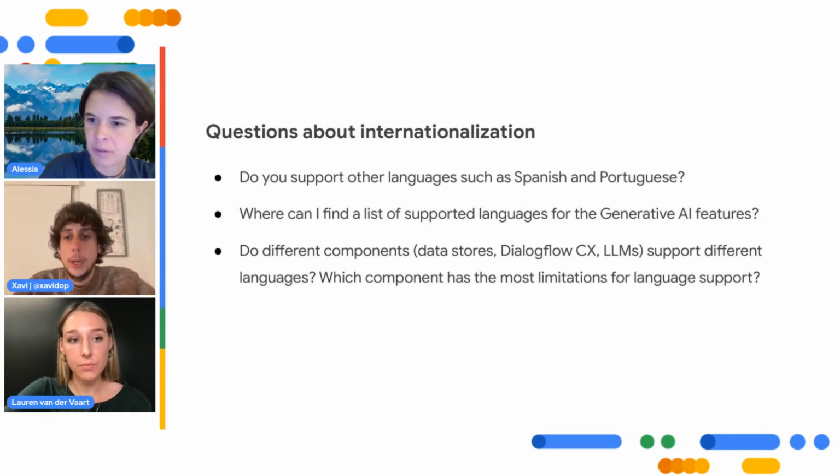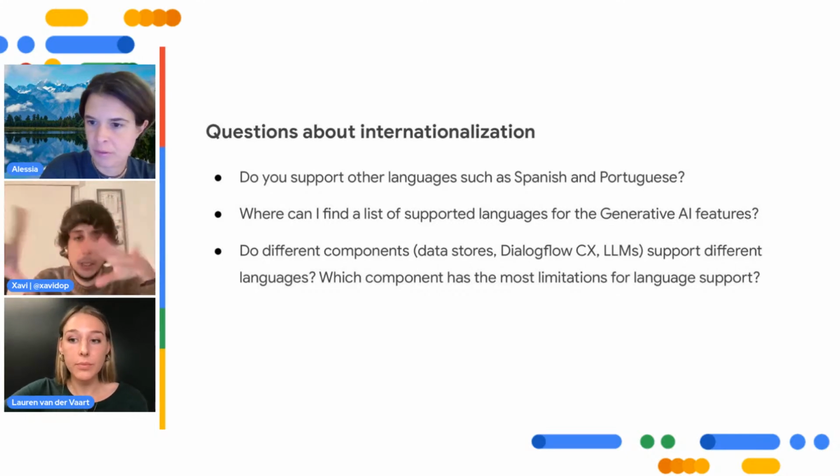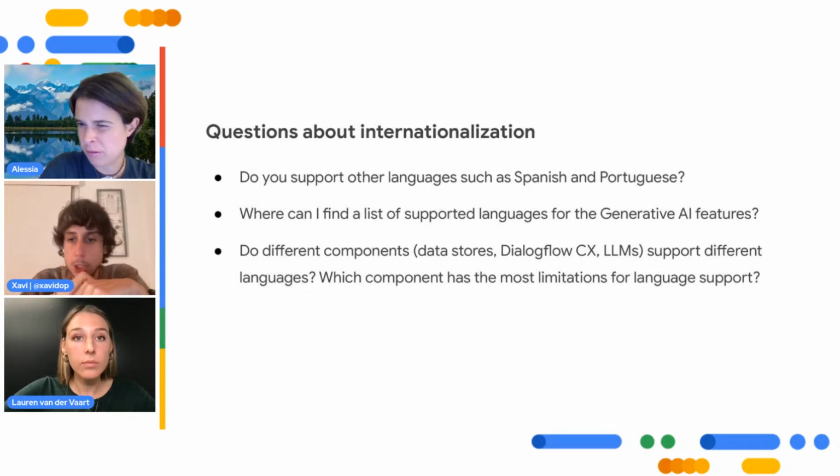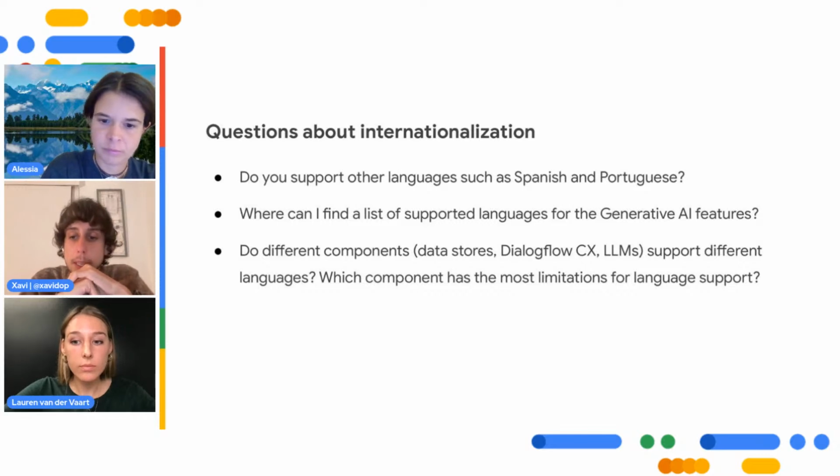Yeah, so Vertex AI Conversations, the part of the data store agents, supports the majority of European languages like Italian, Spanish, French, Danish, Dutch, and also Hindi. Generators are currently available for agents in any Dialogflow language, and generative fallback is currently available in the languages supported by Vertex AI Palm API.